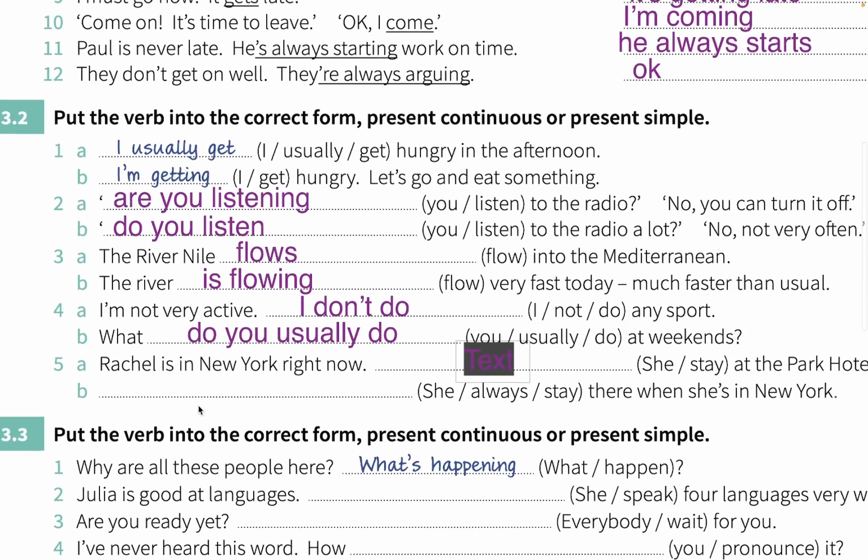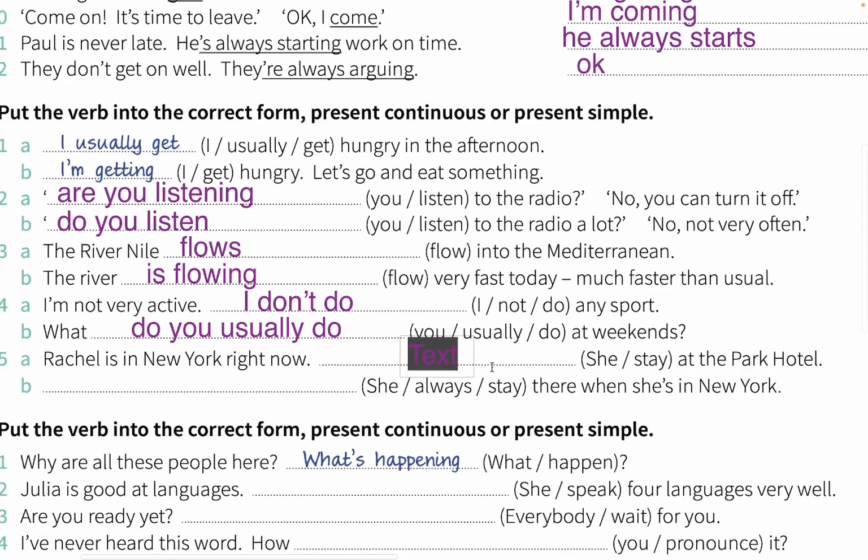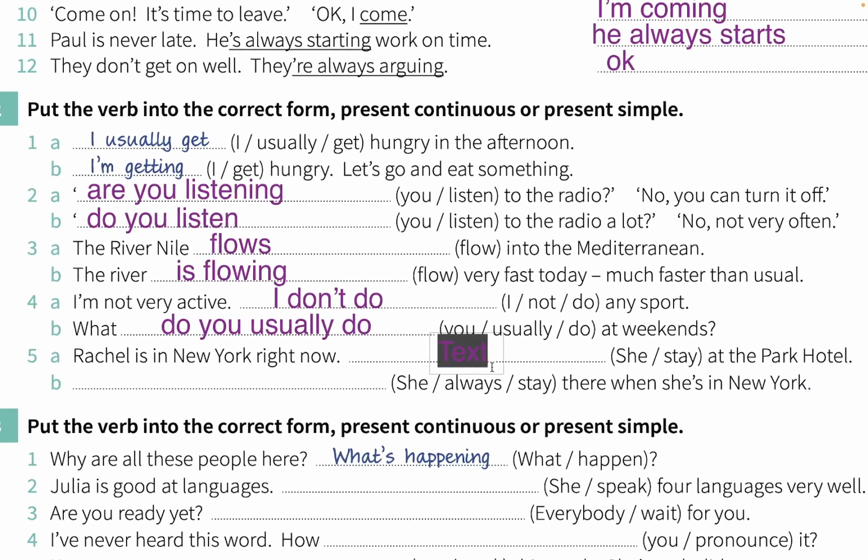Okay. Number 5, A. Who wants to try? I would like to try. Sure. Give it a go. Rachel is in New York right now, staying at the Park Hotel.